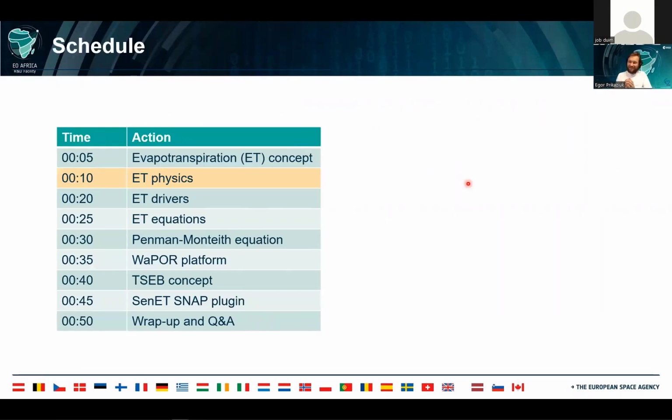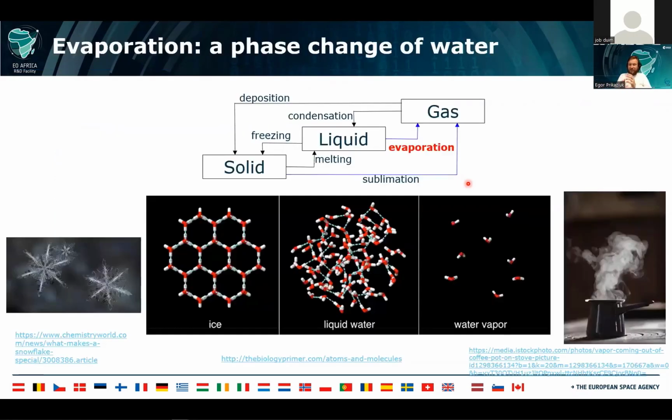Now we go deeper into the process, and we will look into the physics of evaporation. Essentially, it's just a phase change of water. Water as a substance has three phases. It can be solid, such as ice.